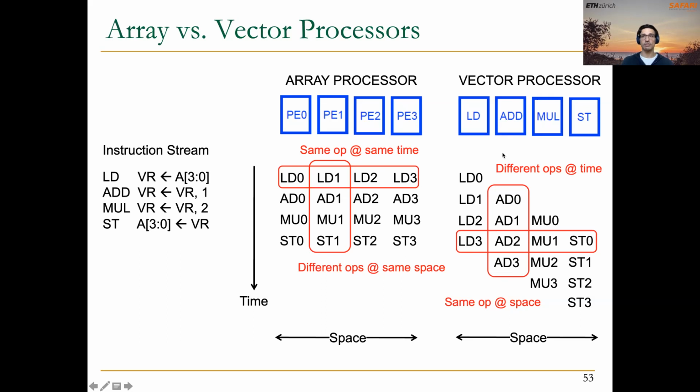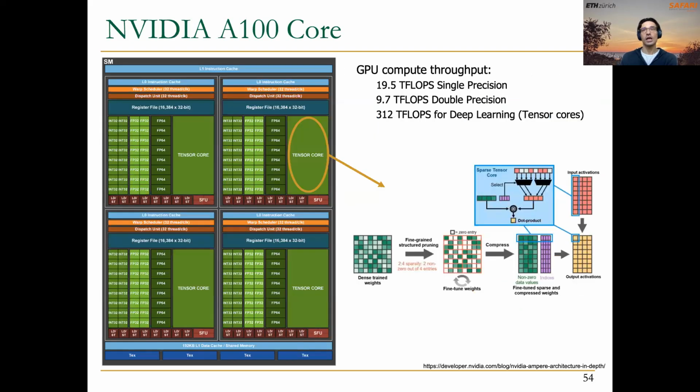Even though this classification and this distinction of array and vector processors might look too simple and kind of obvious, this is the way we keep building SIMD processors these days. A very good example is the core of this A100 GPU, where remember we have different types of processing elements like these 32-bit integer, 32-bit floating point, 64-bit floating point, etc. But also we have multiple of these.